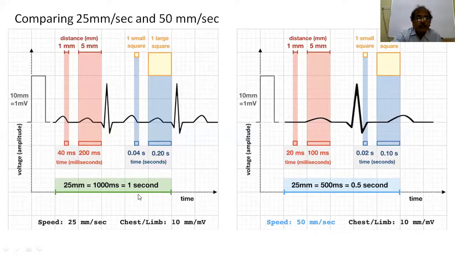That means when we double the paper speed of the machine, the 1 millimeter small box is covered at a faster speed.